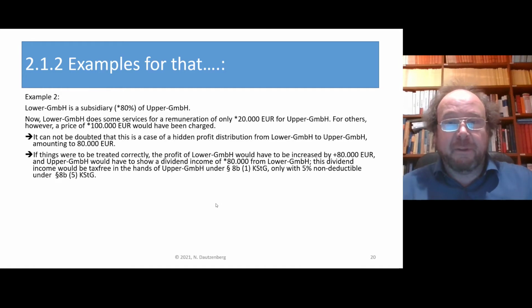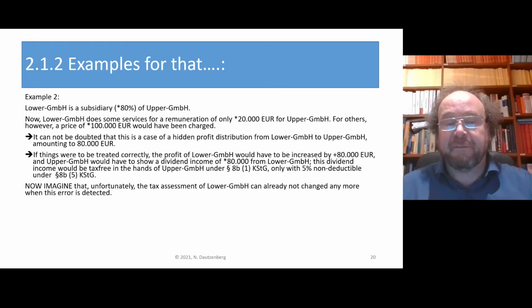Now it has been mingled together with the other transactions so that you can't distinguish it clearly at first glance. Nevertheless, it's still a profit distribution, only a hidden one. Normally, it should be tax-free in the hands of upper GmbH with 8B1, also triggering a 5% lump sum for non-deductible expenses connected with the dividend reception, 8B5.